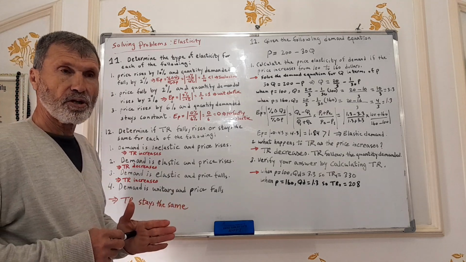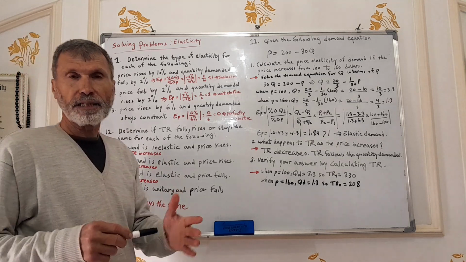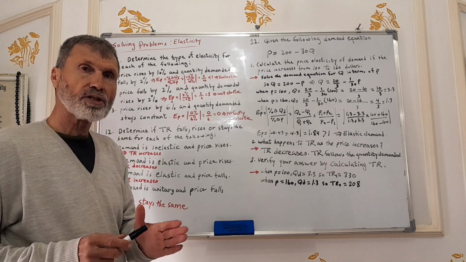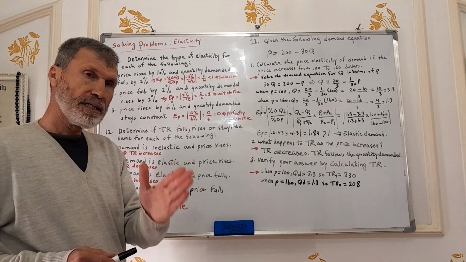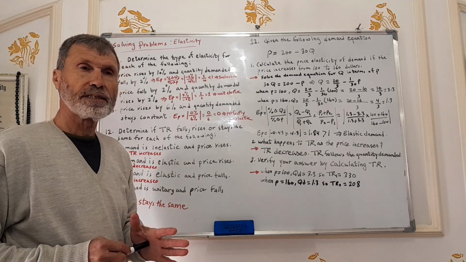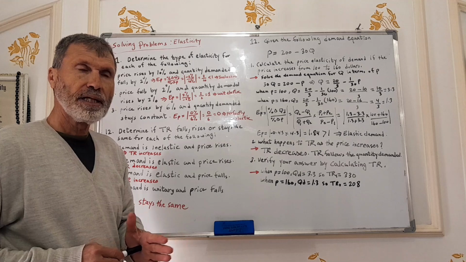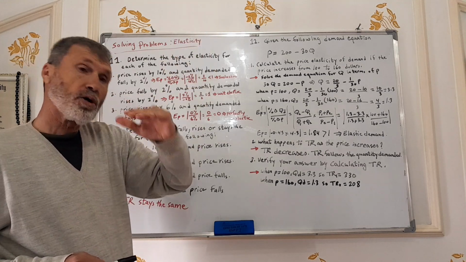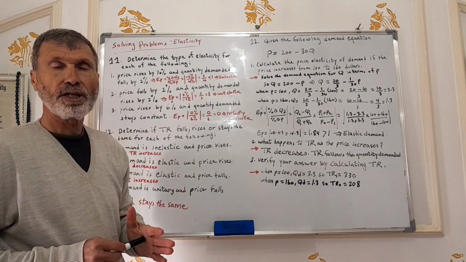Remember the definition of a demand that is elastic. Demand is elastic when the coefficient of the price elasticity of demand is greater than 1. The equation of the price elasticity of demand is the percentage change in the quantity demanded over the percentage change in the price.